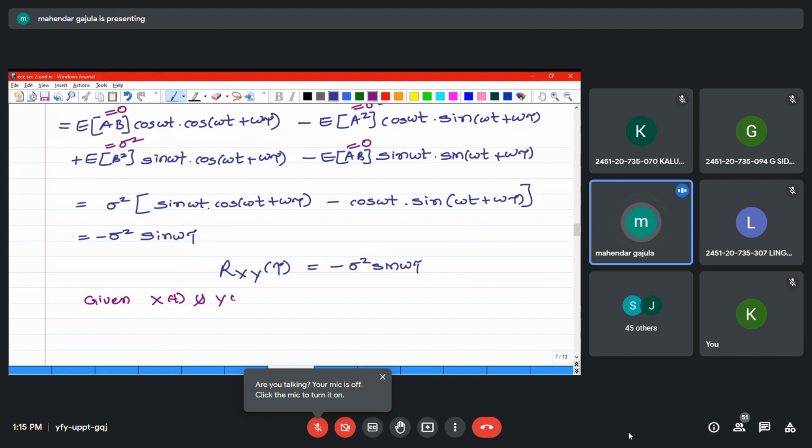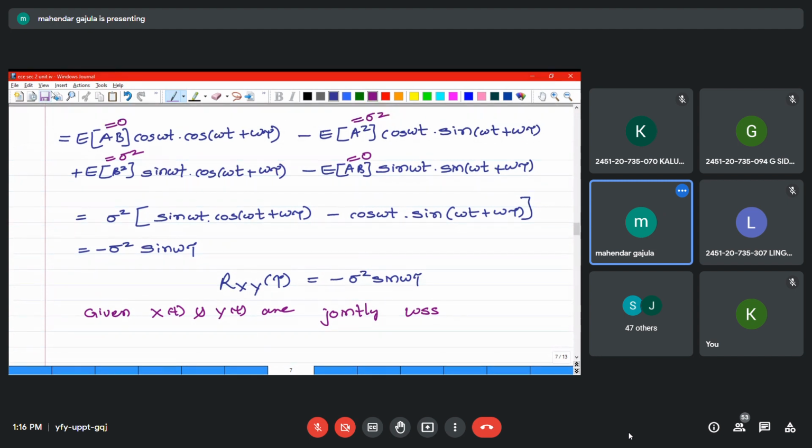Given xt and yt are jointly wide sense stationary random processes, because xt and yt are individually wide sense stationary, and the cross correlation function is independent of time and is a function of tau only. Any doubt in this? Any doubt?